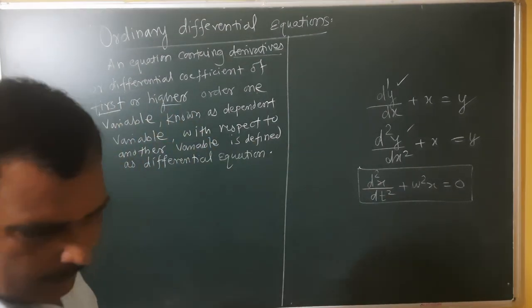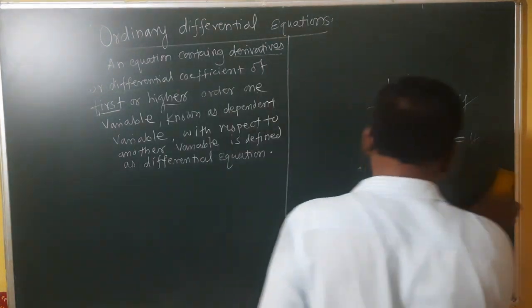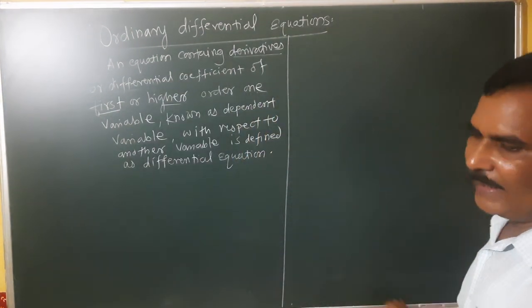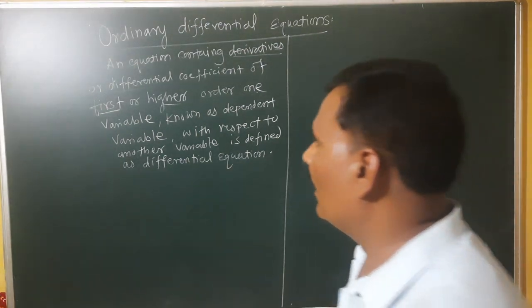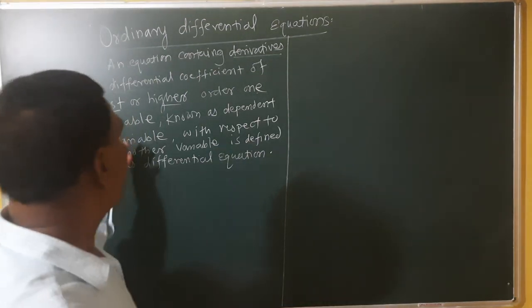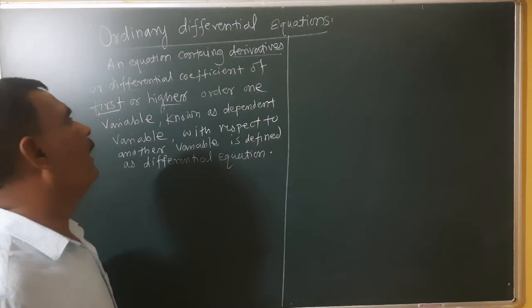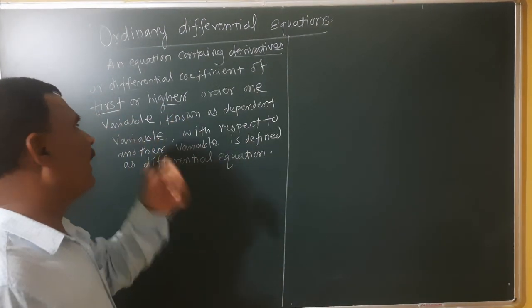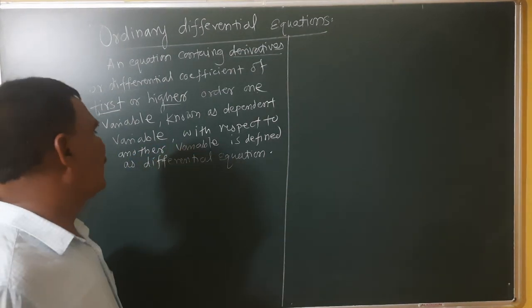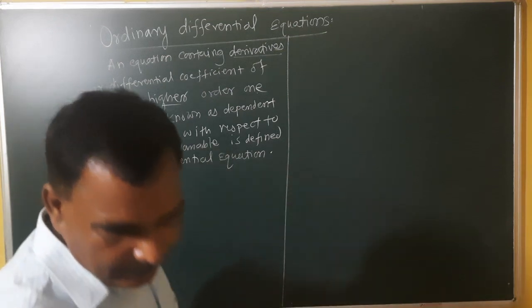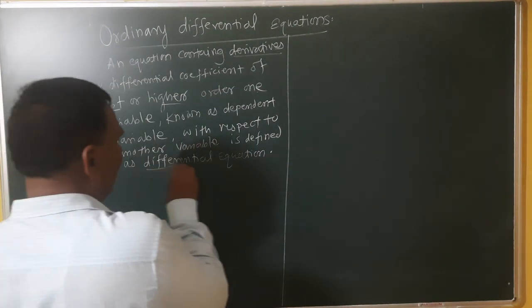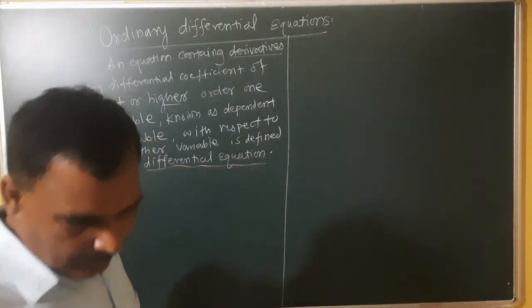Doesn't matter; we just consider an equation containing derivatives of first or higher order of one variable, known as the dependent variable, with respect to another variable, defined as a differential equation.